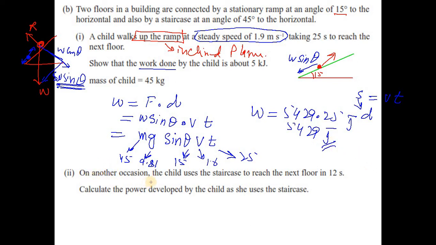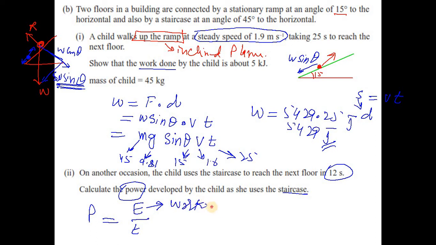And on another occasion, the child uses the staircase to reach the next floor in 12 seconds. Calculate the power developed by the child as she uses the staircase. Power is energy upon time. And in this case, energy is the energy output by the child, or you can say the work done.